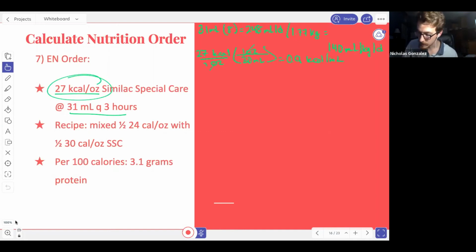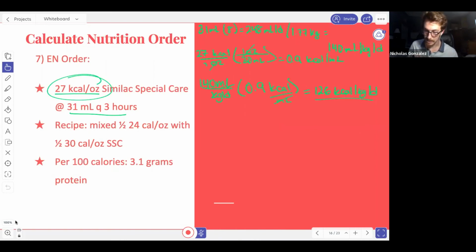All right, now we're just going to take that volume and multiply that by the 0.9 calories per milliliter. Milliliters are going to cancel, and that leaves us with 126 calories per kilogram per day.